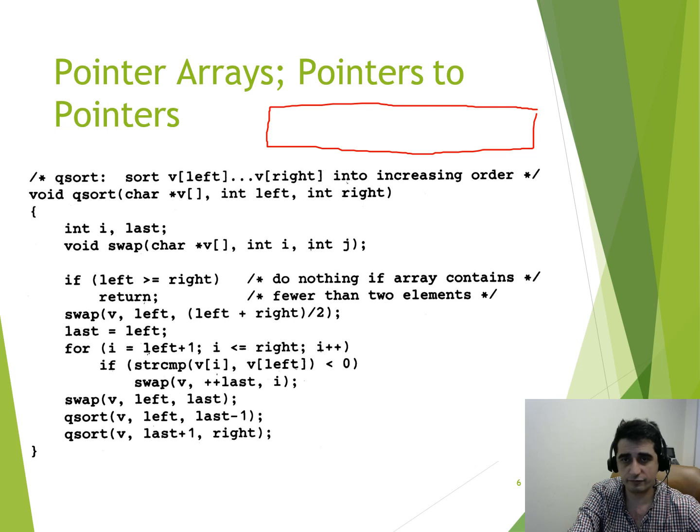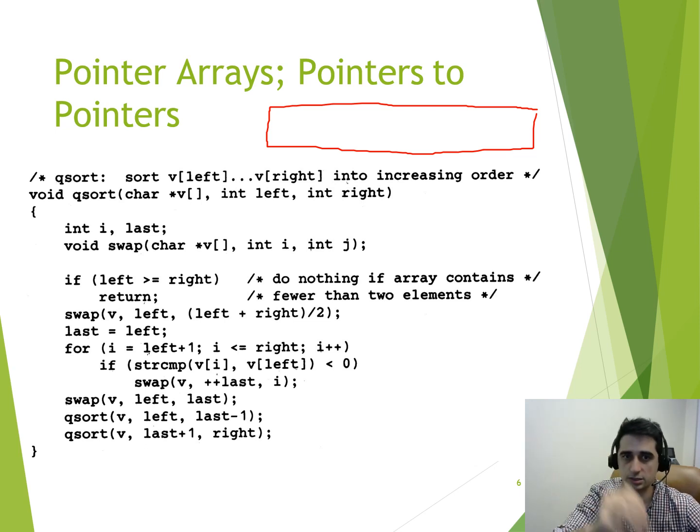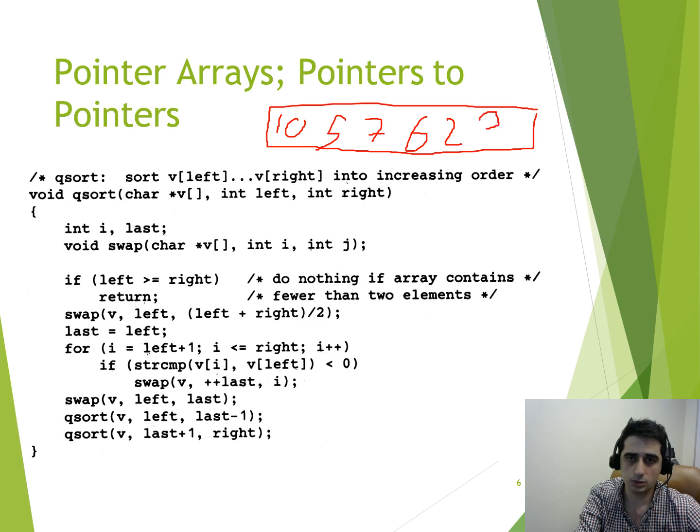Let's say you have an array. I'm going to show you the example of quick sort with numbers, not with strings, because it's easier. Let's say I have 10 here, I have 5 here, I have 7 here, I have 6 here, I have 2 here, I have 3 here, and I have 8 here.